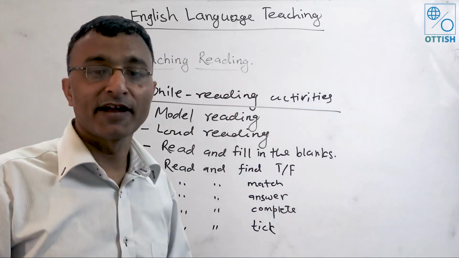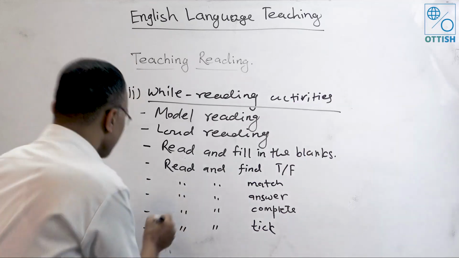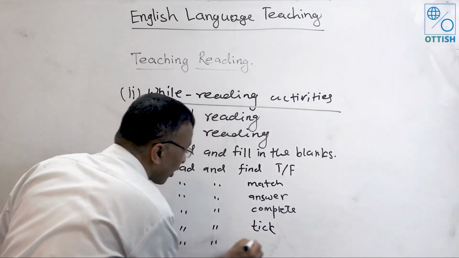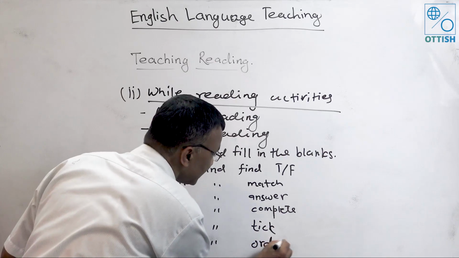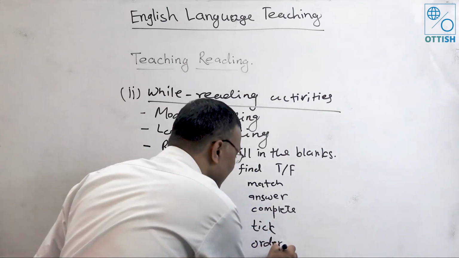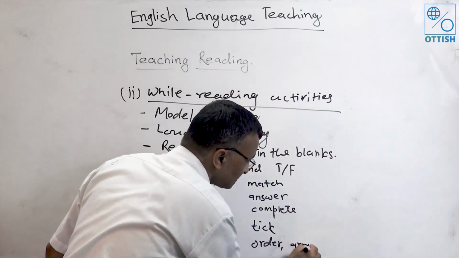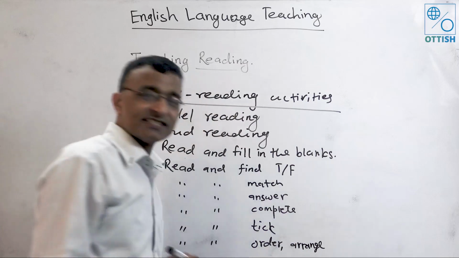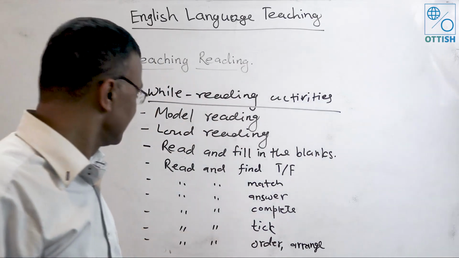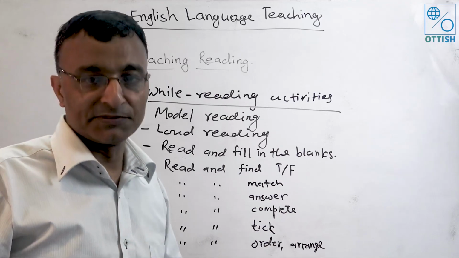So this type of activity can also be carried out. And read and order the sentences, to write the sentences in order and to arrange the words or sentences can be given as the task or activity.